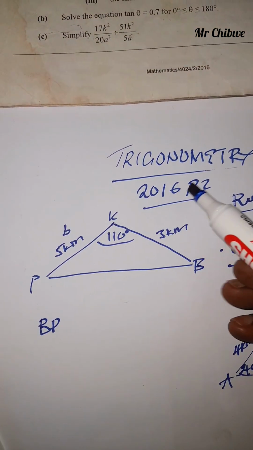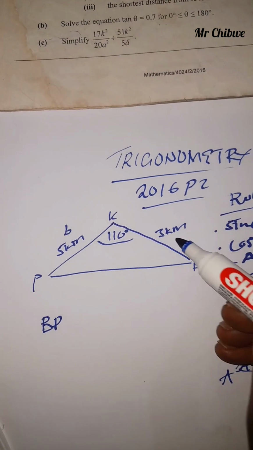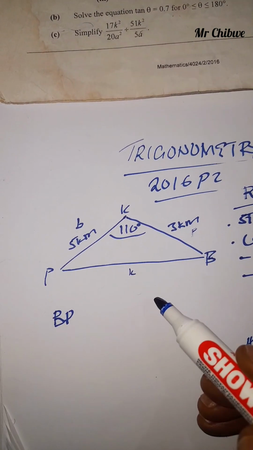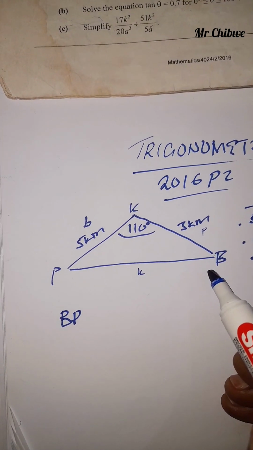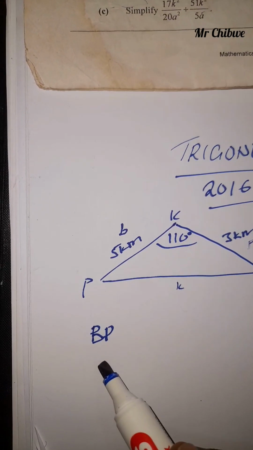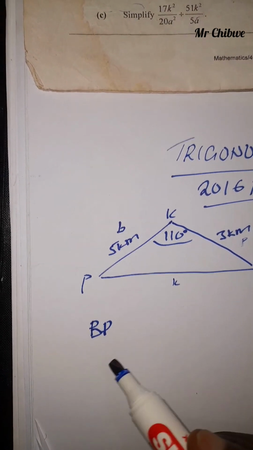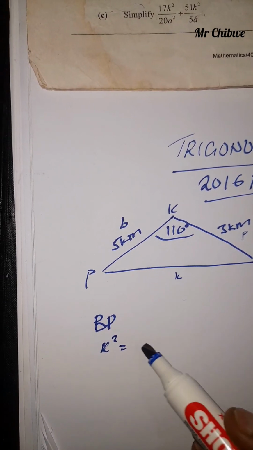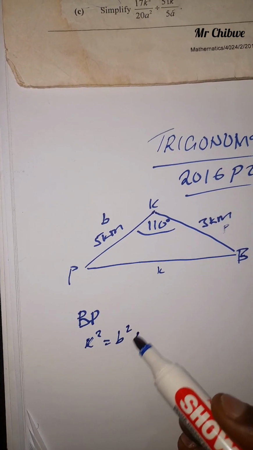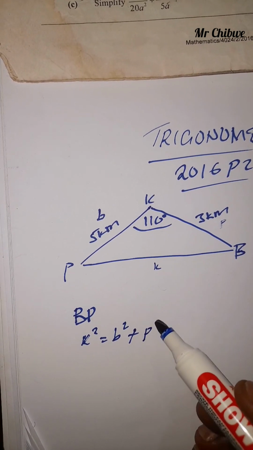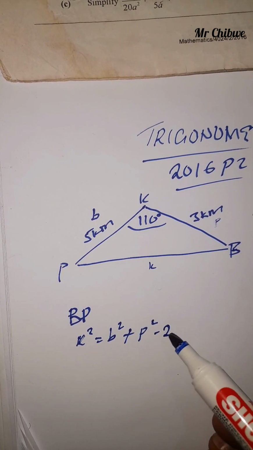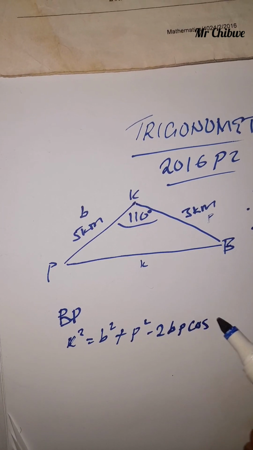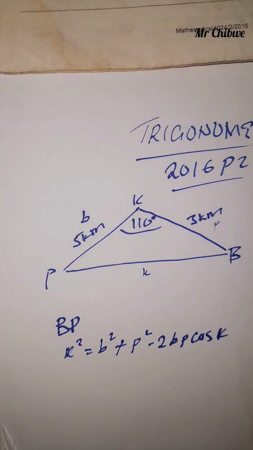Then opposite of this P is this side, which is small letter p, and here small letter k. We want to find the length BP. So we're going to use K. So it will be k squared is equal to b squared plus p squared minus 2bp cos the angle here, cos K.